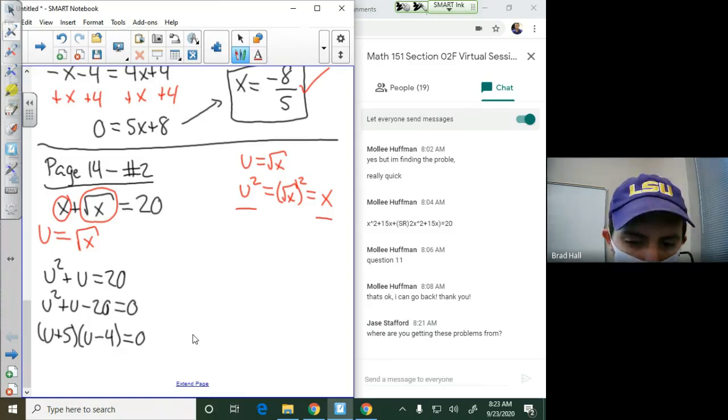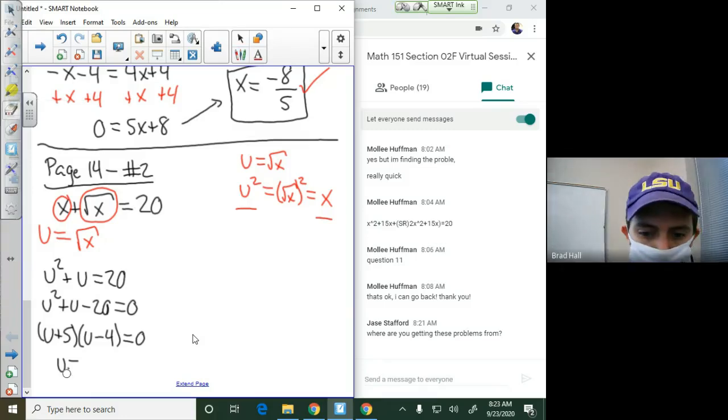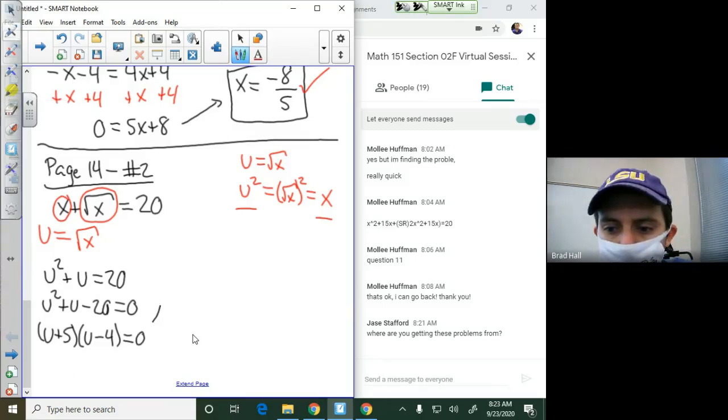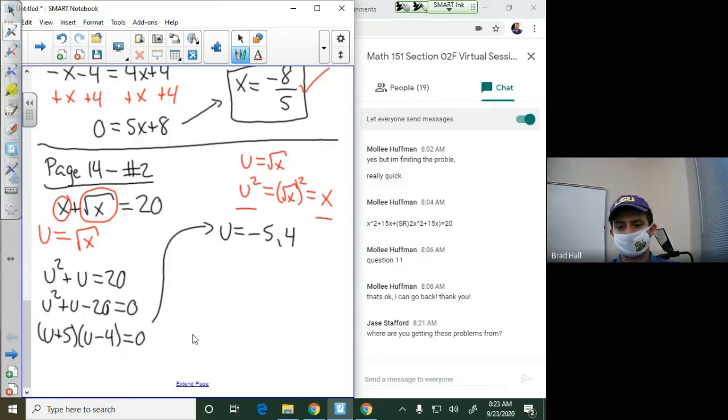And so we get two U values from this. We get that U is -5 and +4 after we flip the signs of the two factors.